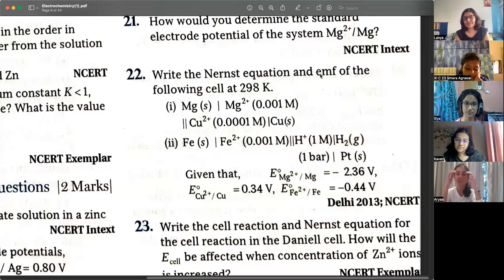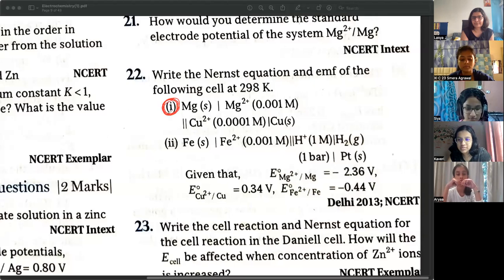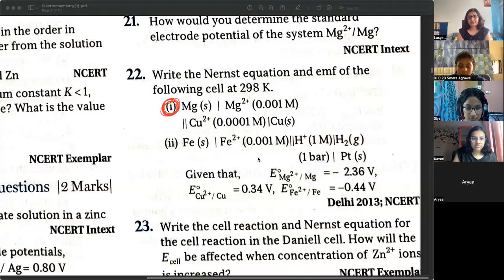Oh, write the Nernst equation and EMF. Okay, fine. Just do the first one, that's enough. EMF means E cell. So that will give us the Nernst equation, we find that out from it. Just do this one, the first one alone.